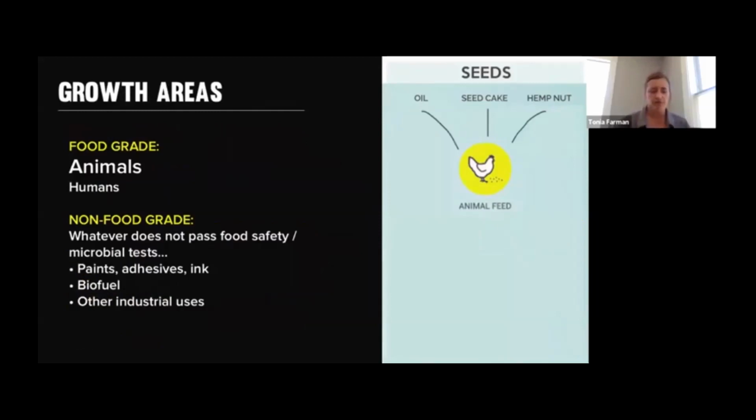So for growth areas, I put animals huge here, and we'll go into the reason and the advantages in a bit. It is the biggest opportunity right now, and it is also one of our greatest challenges.